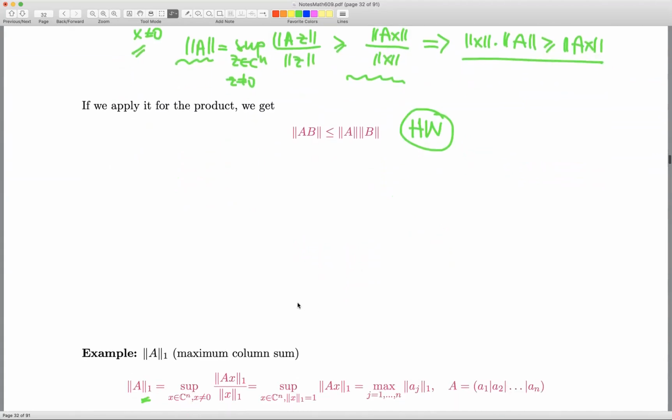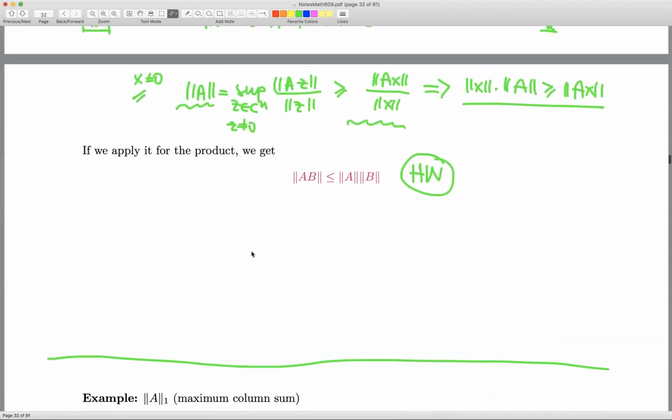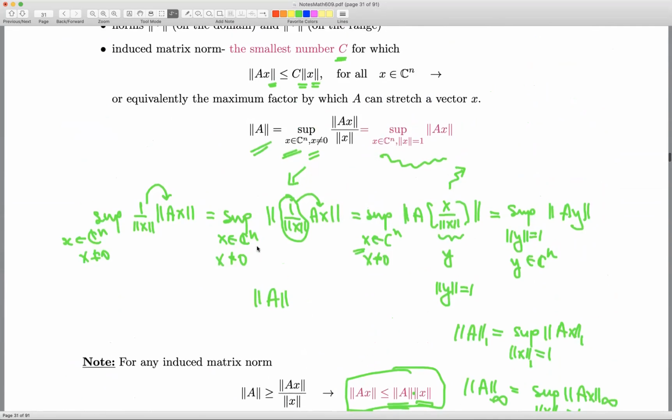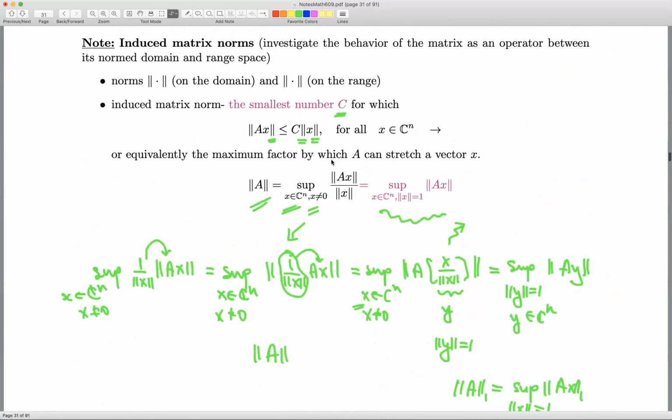And next time we will continue with discussing easy ways in which we can actually compute these norms, because the definition is not computationally friendly, since you have to compute the supremum.